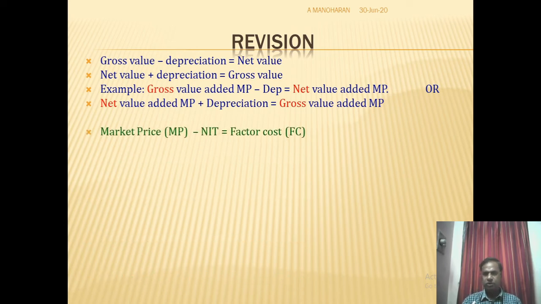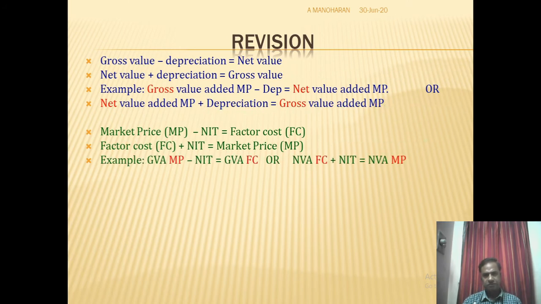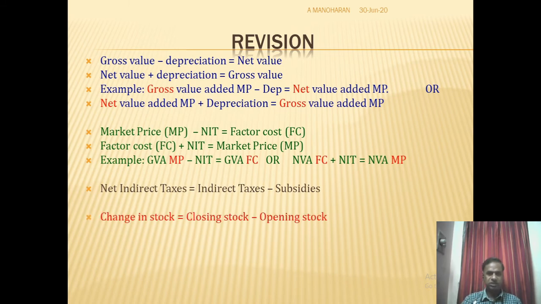We know very well how to calculate market price. Market price minus net indirect tax is equal to factor costs, and factor costs plus net indirect taxes is equal to market price. This is the example. Then how to calculate net indirect taxes: indirect taxes minus subsidies.